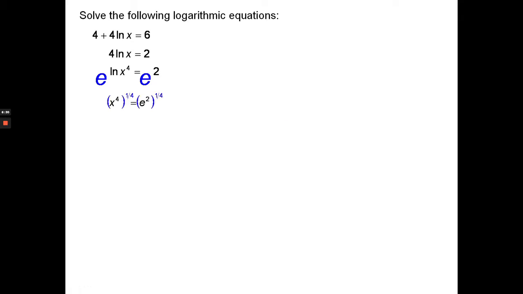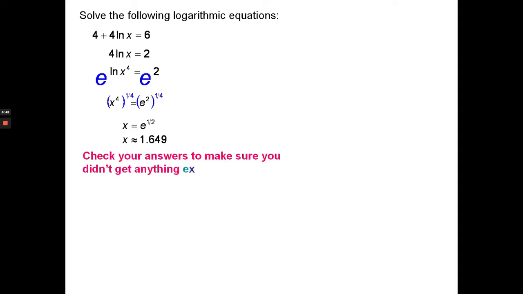We're going to do the 4th root, or we're going to take it to the 1/4 power, which is a 4th root. So we end up with x equals e to the 1/2, which is approximately 1.649. We have to check that answer.